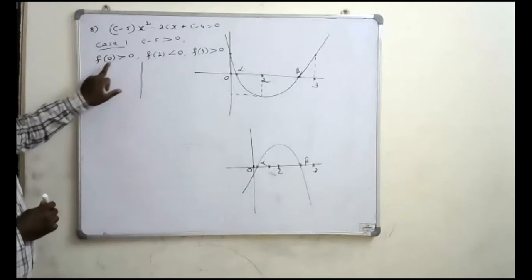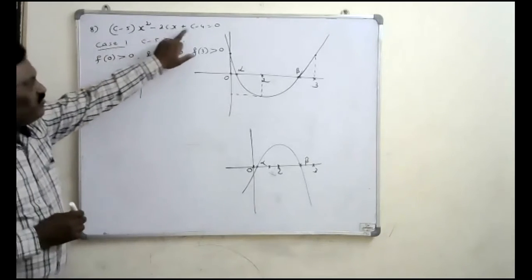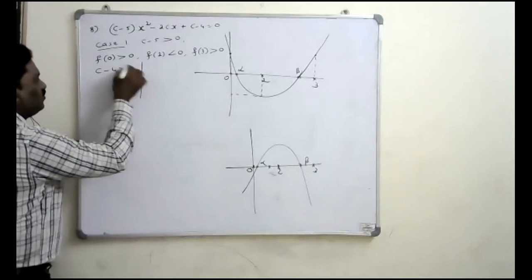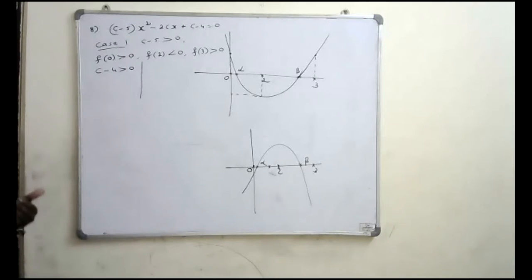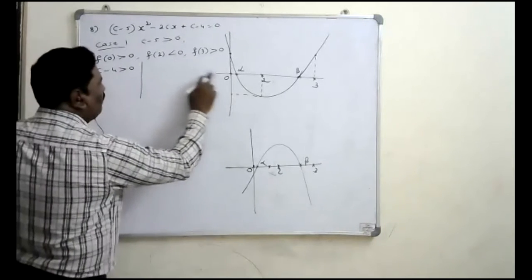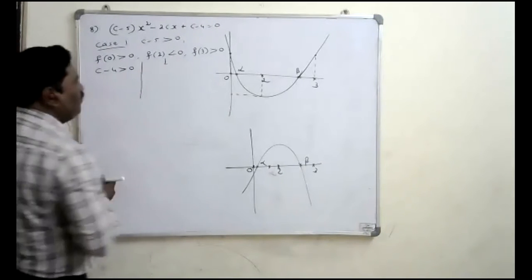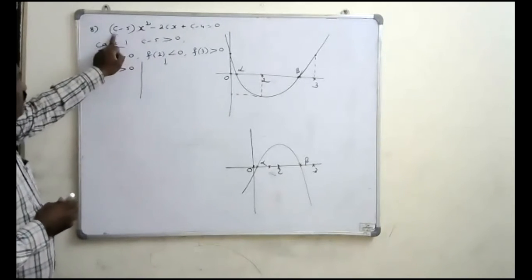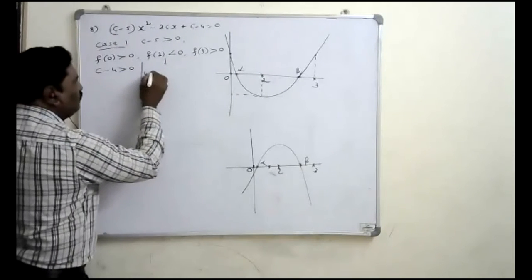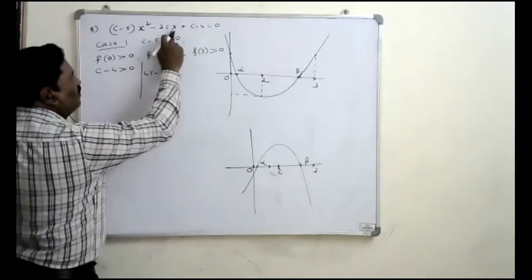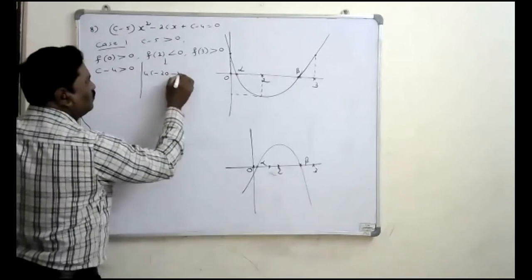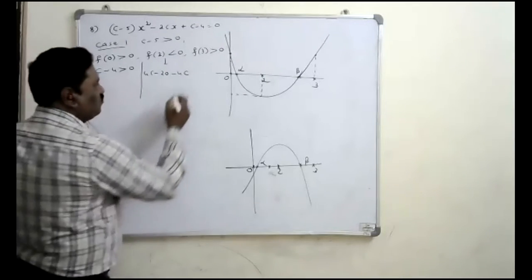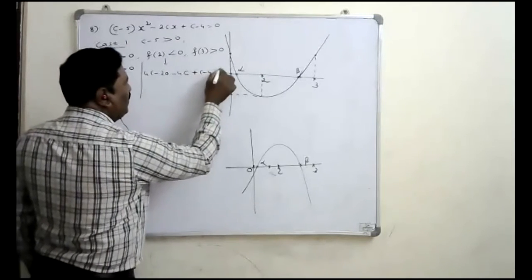First I will take f of 0. Taking x equal to 0, what you get is c minus 4, which is positive. Second, f of 2: keep x equal to 2 there, 2 squared is 4, multiplied by c minus 5 gives 4c minus 20, minus 4c plus c minus 4 is less than 0.